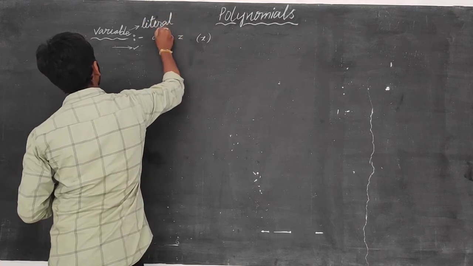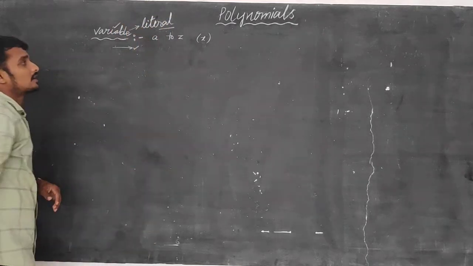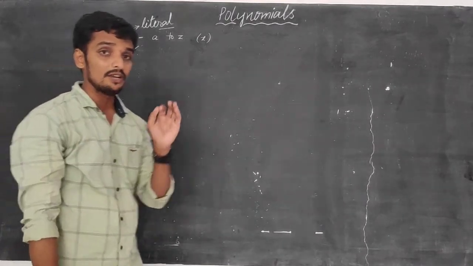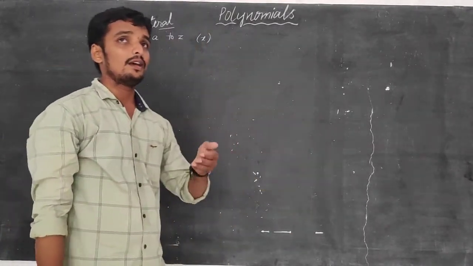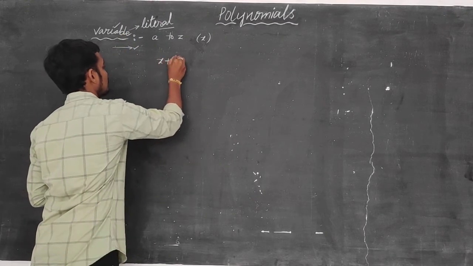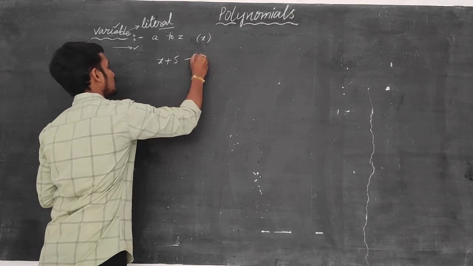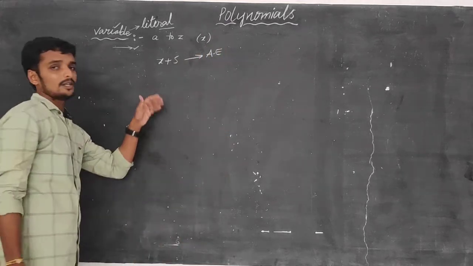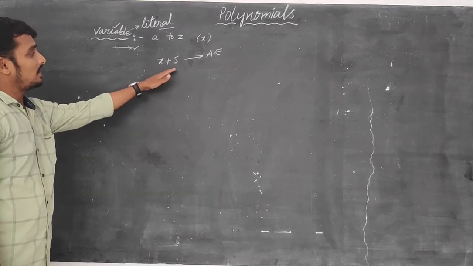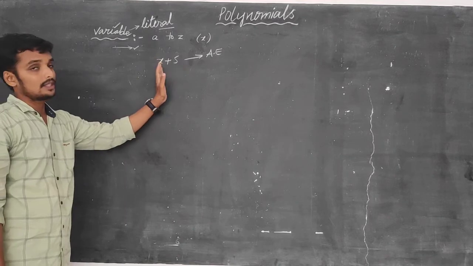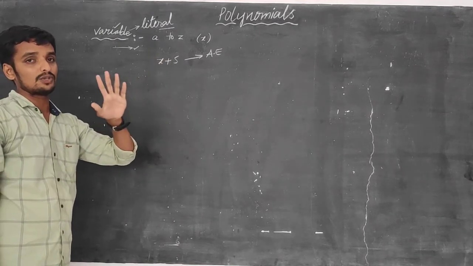Literal constants and literal coefficients are also variables. A variable is a number whose value is not fixed. If you connect these variables with numbers using plus or minus, we get algebraic expressions. Already we have completed this topic. X is a variable and 5 is a number; we connect the variable and the number with the symbols plus, minus, into, divided by.